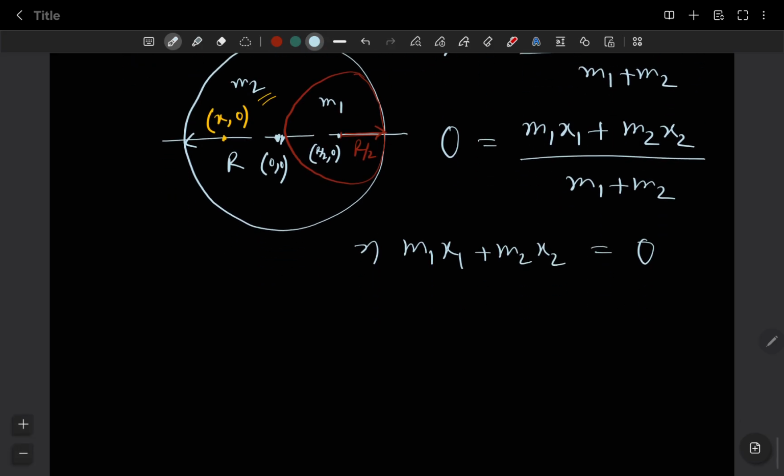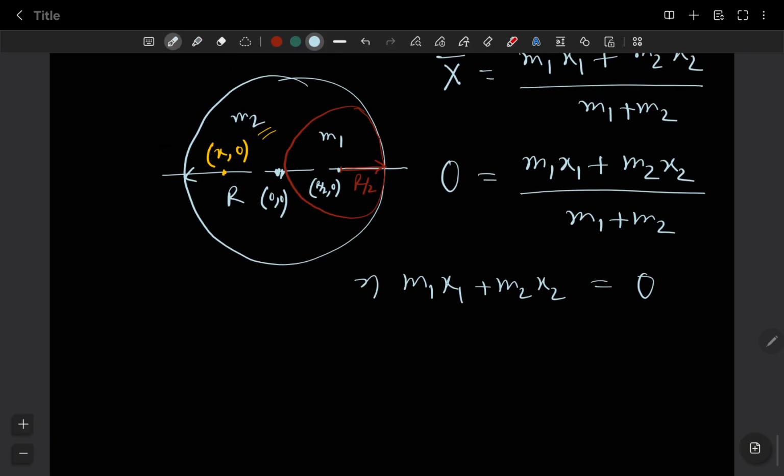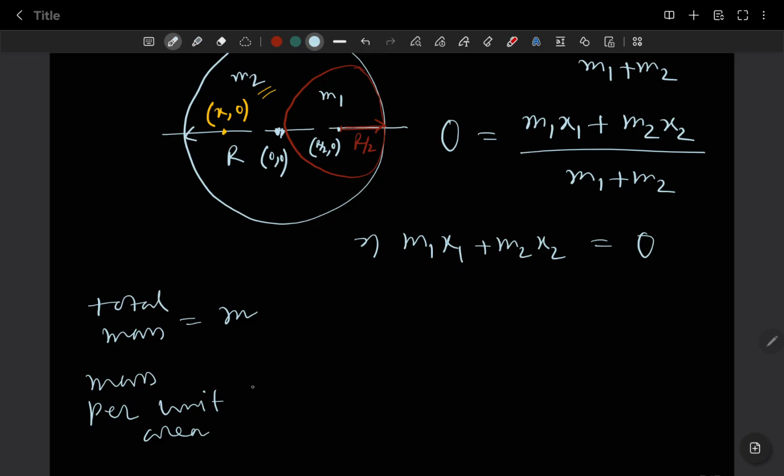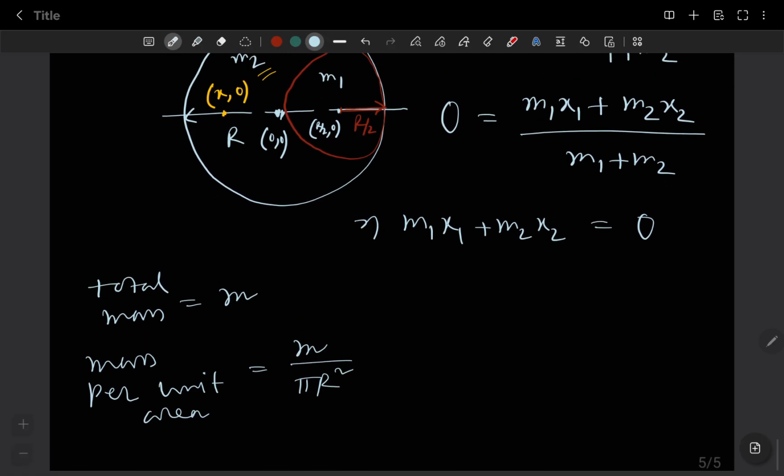Now what is the relation between m1 and m2? Say the total mass of the disk is m. So mass per unit area is m by pi r square.